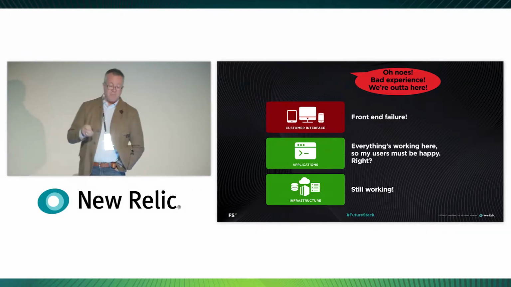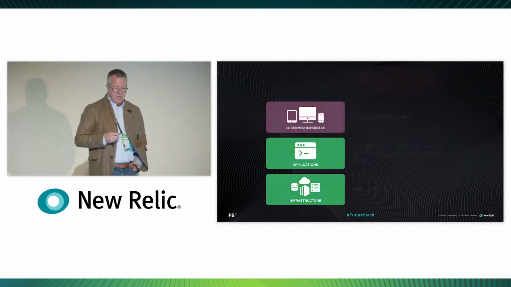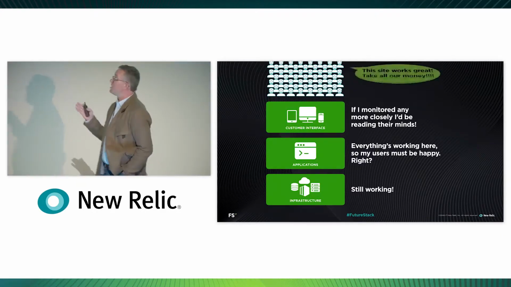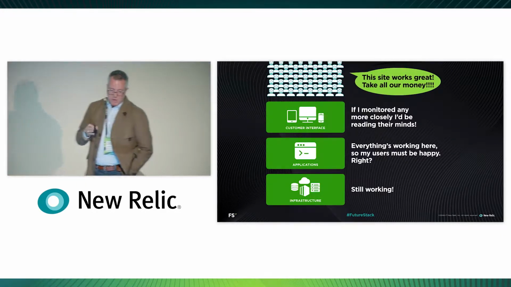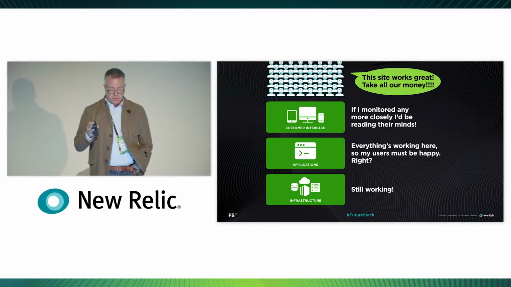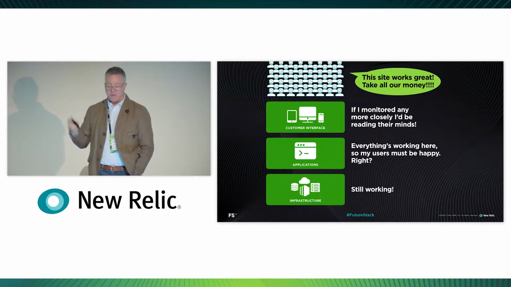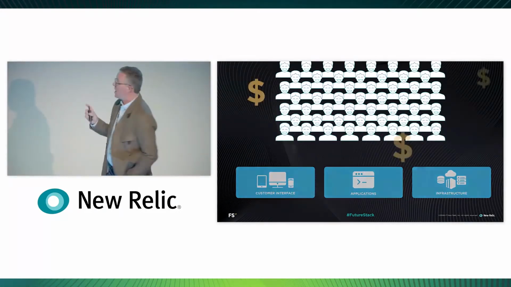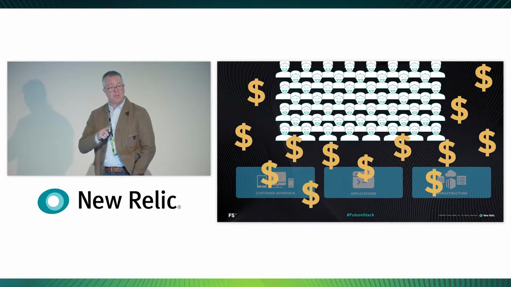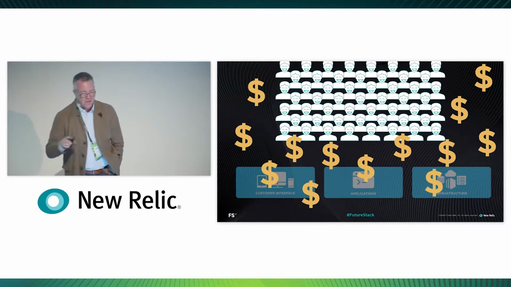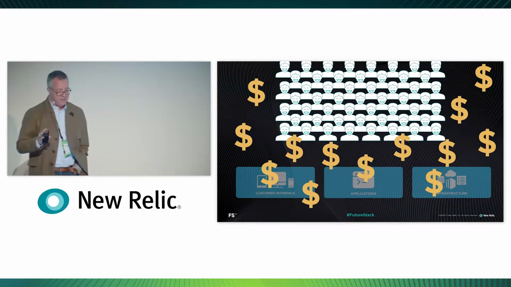Okay, so which brings us to modern tools that allow us to monitor our customer experience directly. And this is awesome, right? We can monitor what we actually care about instead of trying to guess what our customers are experiencing based on what's happening further down the stack. Because here's the thing. If your customers are able to do what they want to do on your site, and, of course, what you want them to do, then the rest is all kind of academic, right?